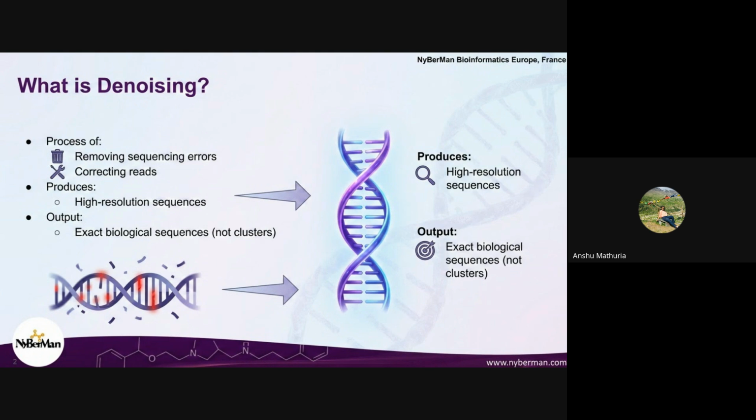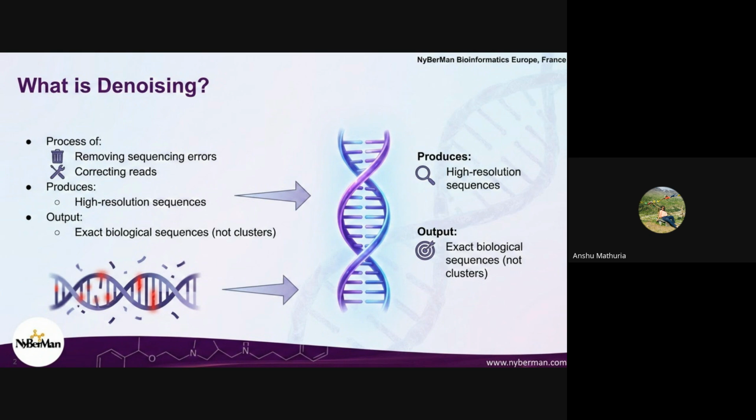And after the correction happens, obviously the reads of the sequences that will be produced will be of high quality. Once the sequencing bases that have errors are removed, the resulting sequences are high resolution sequences, because they will have no more errors, and those can be directly processed for downstream analysis.